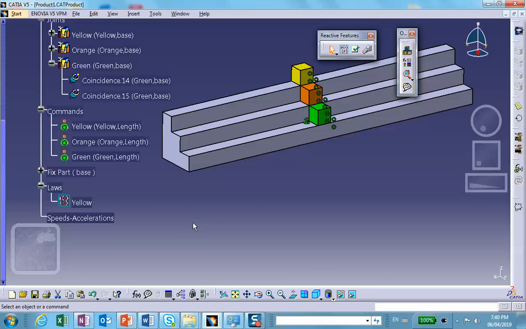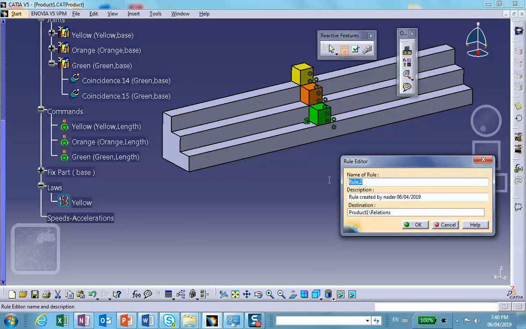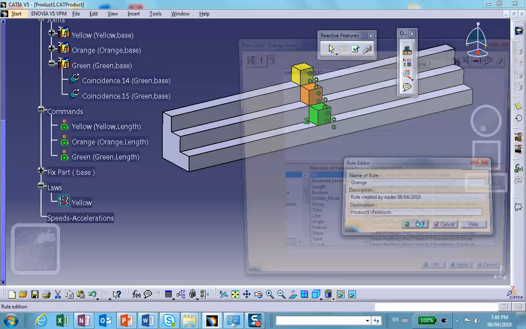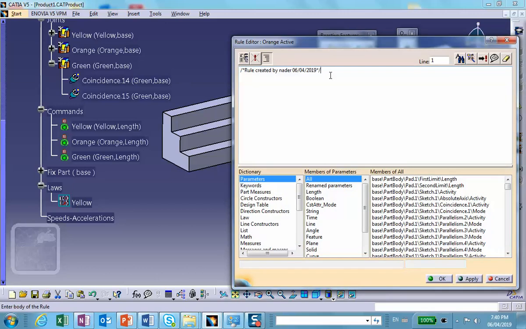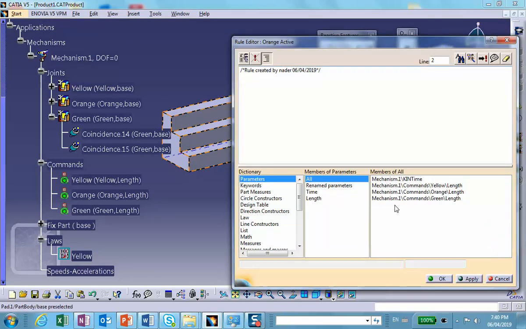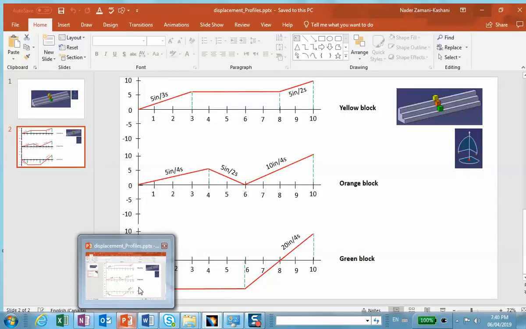Okay. Let's do another one. This one I'm going to call orange. Orange. Say okay. Now I just want the stuff for the mechanism, so click on the mechanism, only the stuff where the mechanism shows up. And if you look at the orange curve, the speed is 5 inches over 4 seconds.